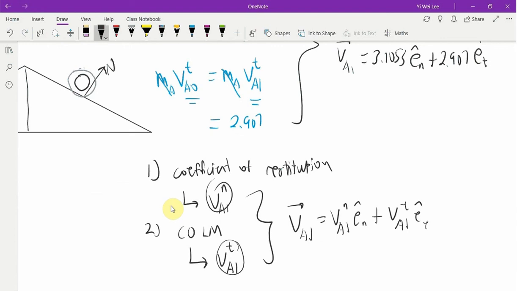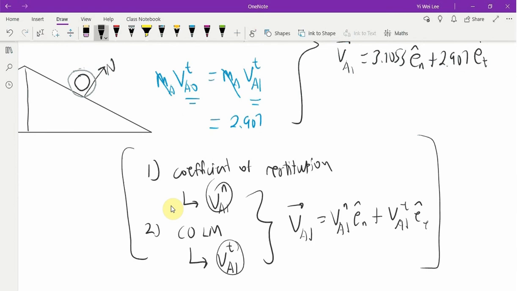It is important to know that usually when we solve equations involving collision, we always use these two understandings: the coefficient of restitution and the conservation of linear momentum. From both, we can find the final velocity after collision, which is all we want to find out.